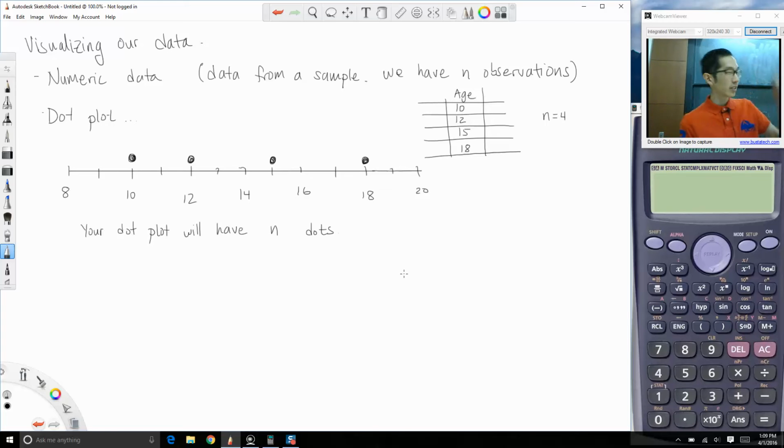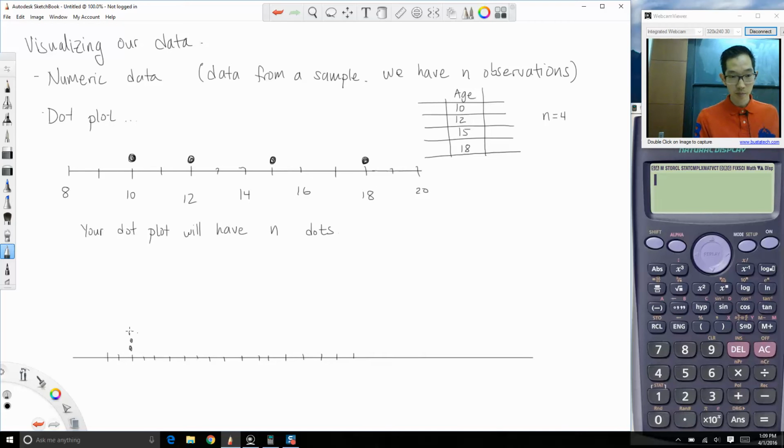Okay, and this is just a very simple data set with 4 data points. You can imagine having a more complicated data set with many values, and then you can have lots of dots. And I'm going to get tired of drawing dots here, but okay, and so you can have more observations, more dots.